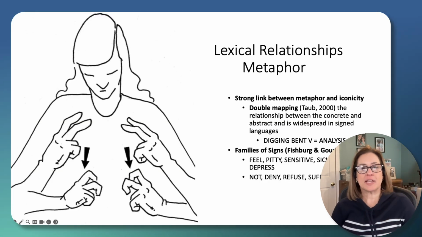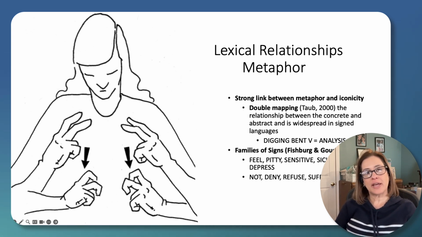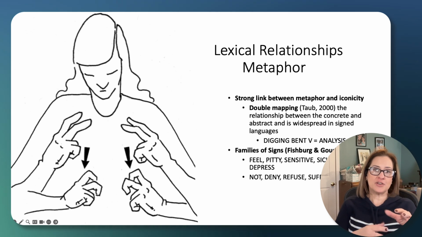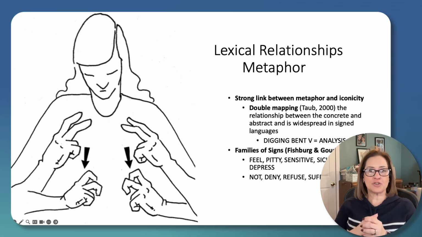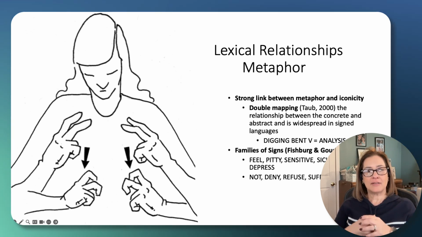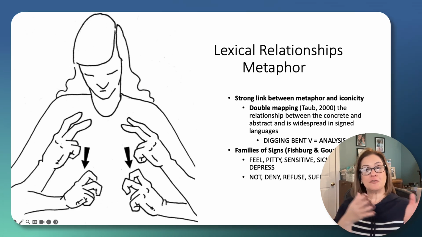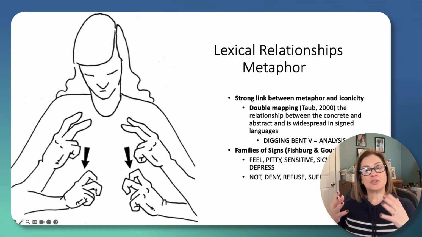Lexical relationships, again, metaphor. So there's, again, a strong link between metaphor and iconicity. So double mapping, according to Taub, the relationship between the concrete and the abstract, is widespread in sign languages. So that bent V equals analysis, different families of signs, according to Fishberg and Goff.